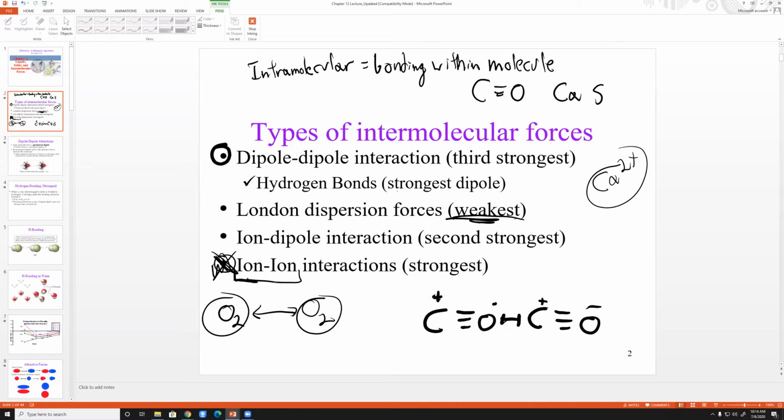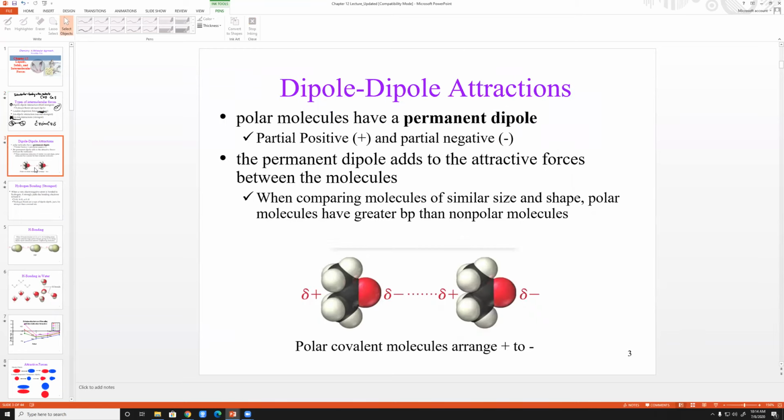It's not going to be an ionic bond. It's going to be an ionic interaction, which is the strongest. But for Gen Chem, not the most important one. I digress. Okay, so let's go into detail about all of these different types.